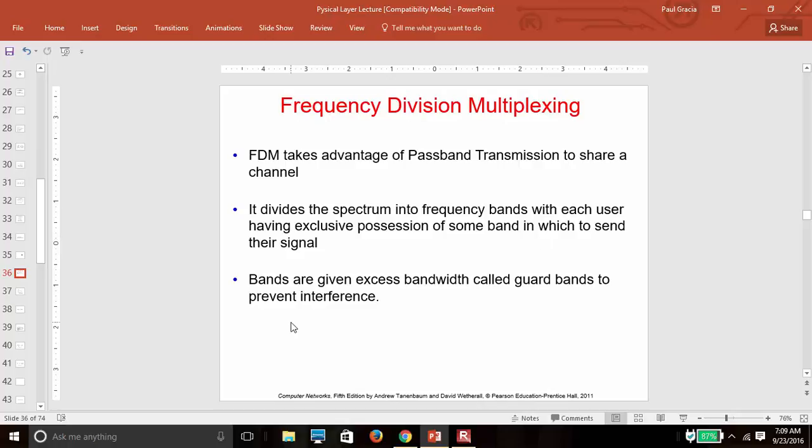And in order to prevent interference, there's usually a guard band that's set up. So maybe if each band is 3,100 hertz, you basically have a width in between each band of 4,000 hertz. So you have some space in between, so there's no crosstalk between the signals.